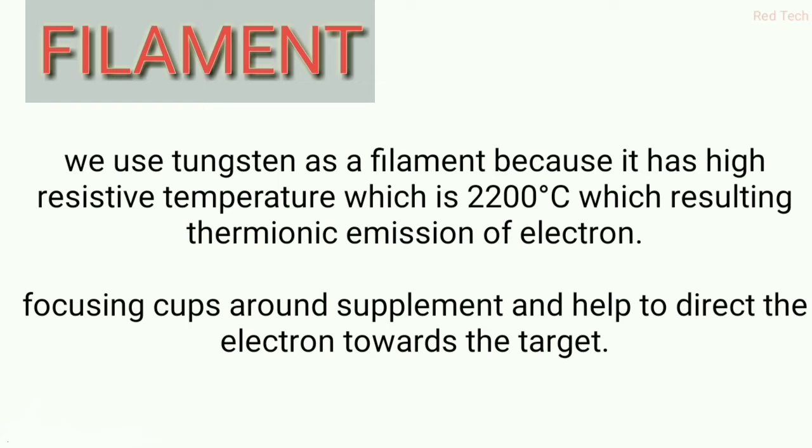This results in thermionic emission of electrons, basically the release of electrons from the surface. And we use focusing cups around the filament to direct the electrons, because if we do not provide any focusing, the electrons may diverge, so we provide a focusing cup to give direction to our electrons.